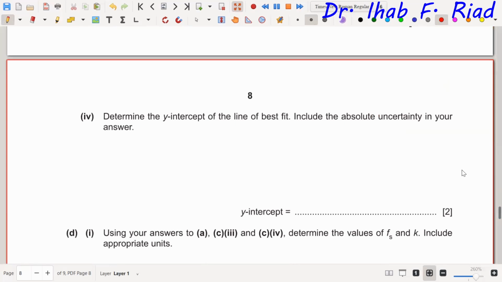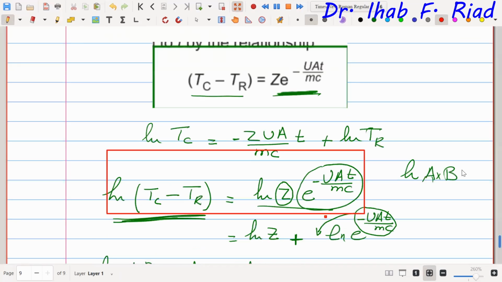So here are the points I'm using. Let me check what I have. I'm using 1 point. Actually, I use 1 point for both of them: 9.2, 1.099 times 10 to the power minus 3.